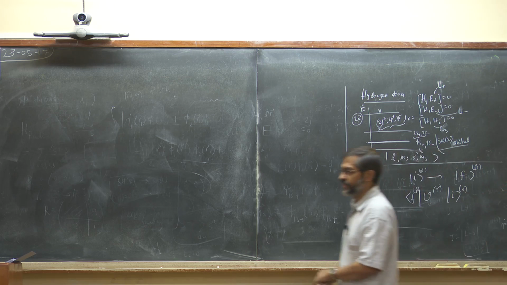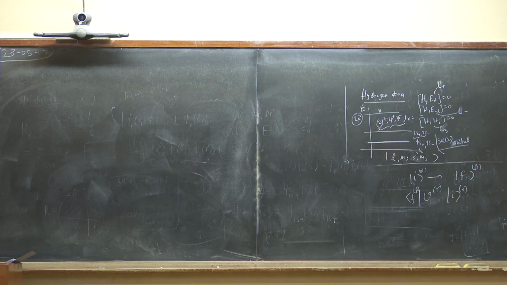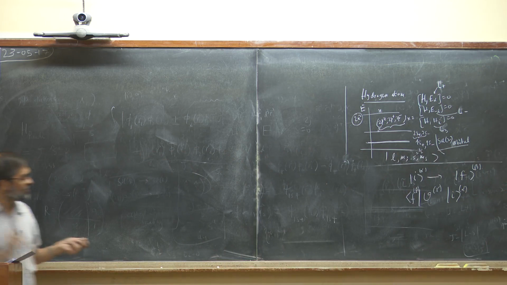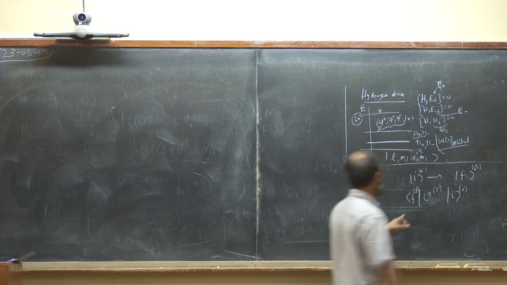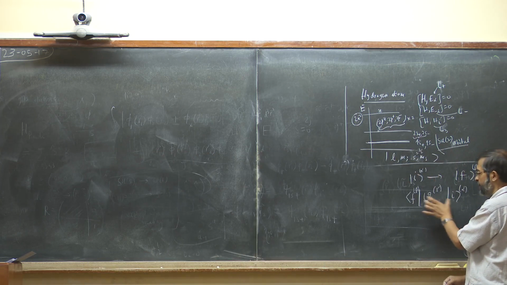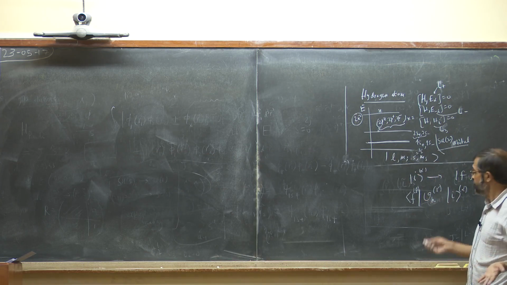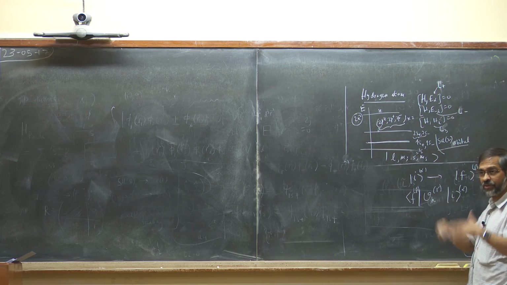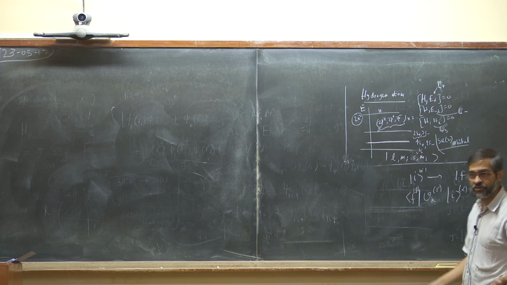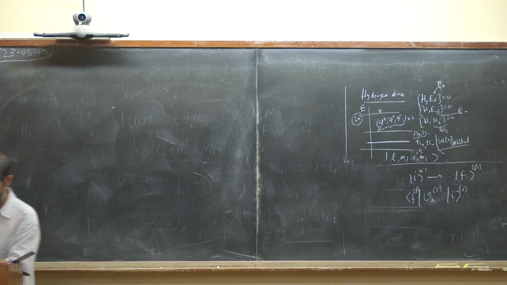The remaining dependencies you have to calculate by taking the most convenient choice of representatives within a particular irreducible representation, and compute that object, which is called a reduced matrix element.